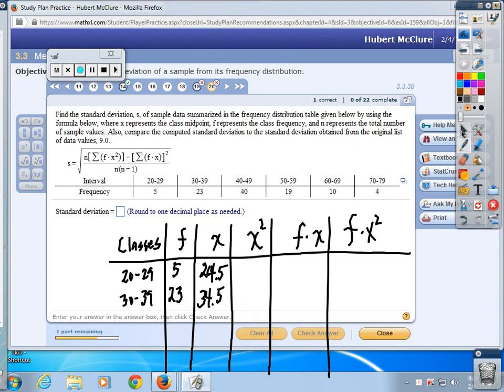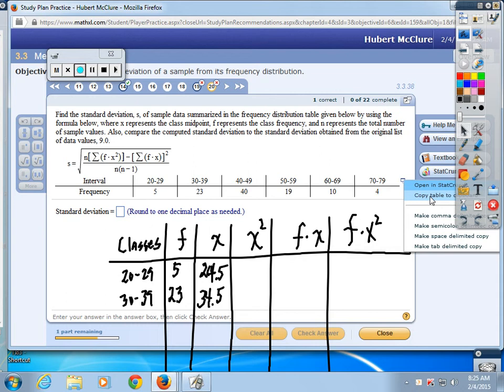So for those of you spreadsheet people or wanting to learn how to use a spreadsheet, you click on this button right here and you go to copy table to clipboard. Then you go to your handy dandy Excel spreadsheet.